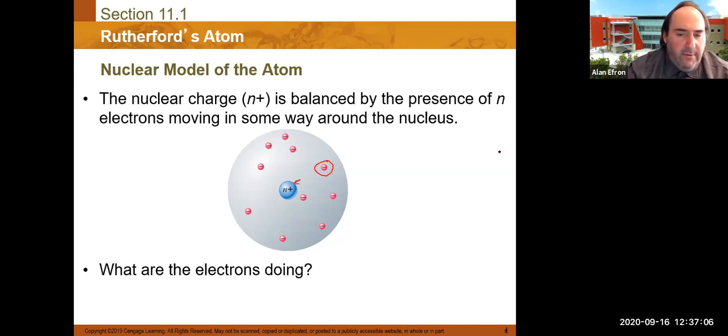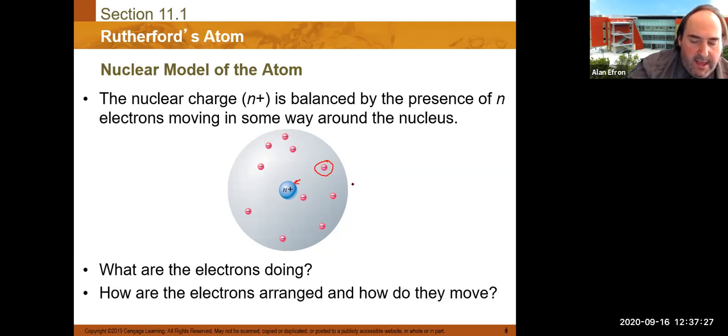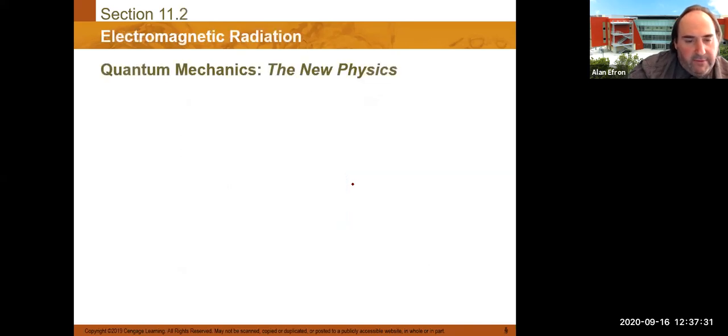So although they are away from the nucleus, traveling in these random patterns, certain electrons will feel an attraction to the nucleus as they're moving around. Other ones will feel an attraction as well, but not as much, as they are further away from the nucleus. And so we're going to think about how they move about the nucleus.